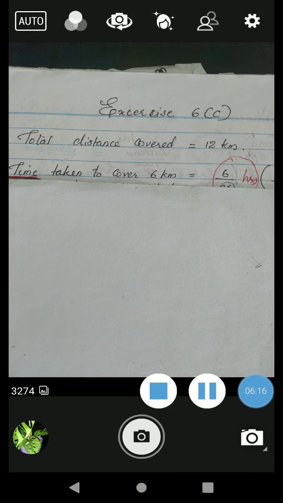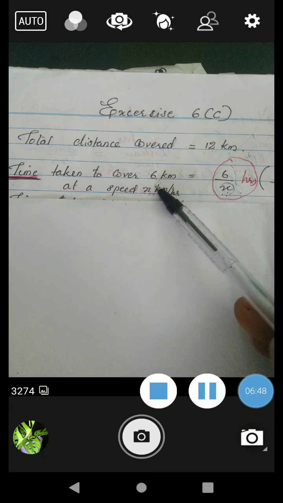So, the girl takes 2 hours 30 minutes, that is 2.5 hours to cover this 12 km. Okay, total distance covered is 12 km. Okay, half of the distance she covers at a speed of x km per hour.